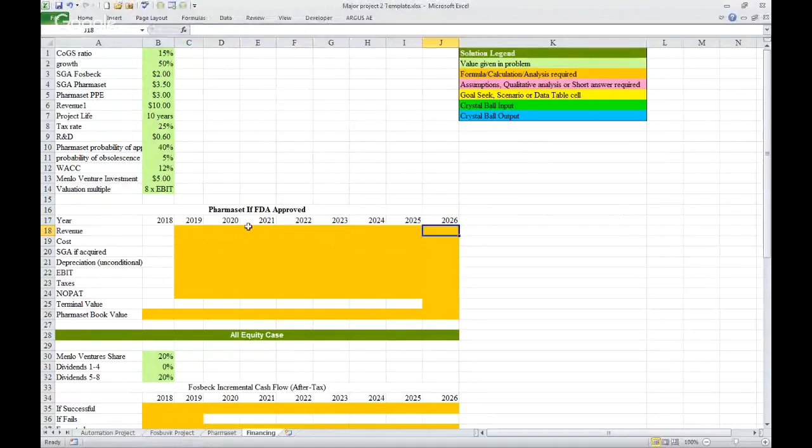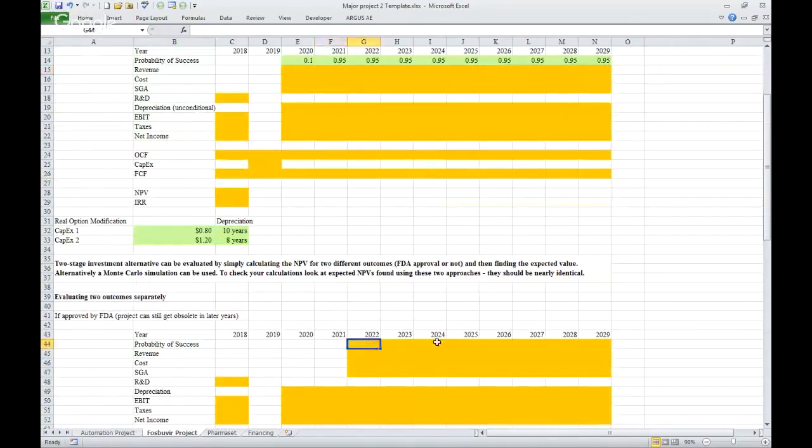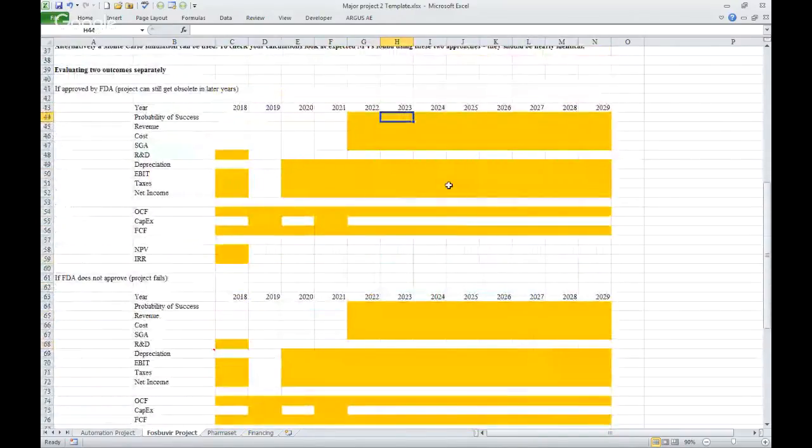If you do want to take into account the fact that the project still can become obsolete, then of course in 2020 you'll have to multiply it by the probability of still being in the game, and then 2021 again, very similar to what we were having here with revenues in the approach that we were using when we were evaluating projects separately.